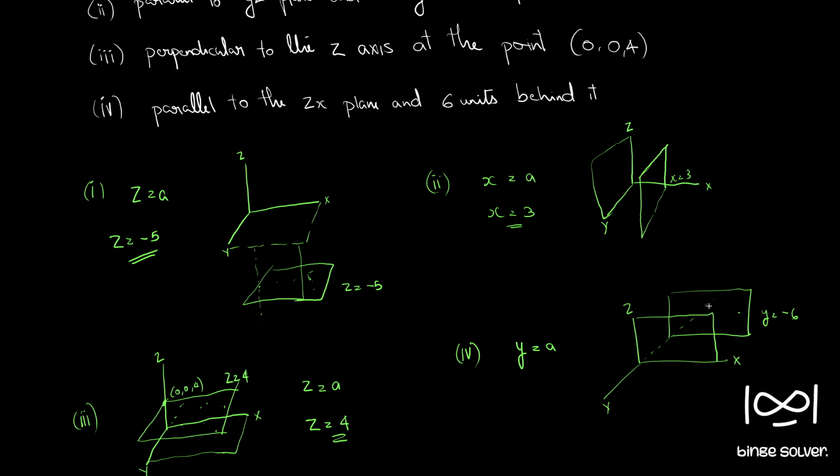Since it's behind this plane, it will be of the form y equal to -6. This is our required equation. It could also be written as y plus 6 equal to 0. So these are the solutions to the fourth question.